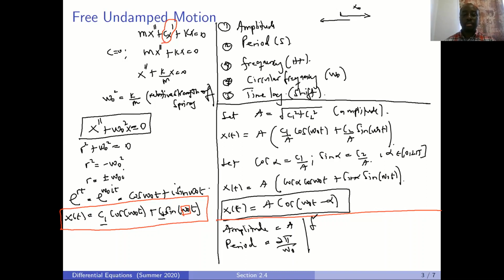My frequency in hertz will be w0 over 2 pi. This will be in hertz.